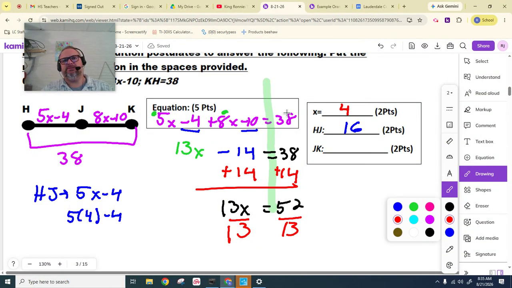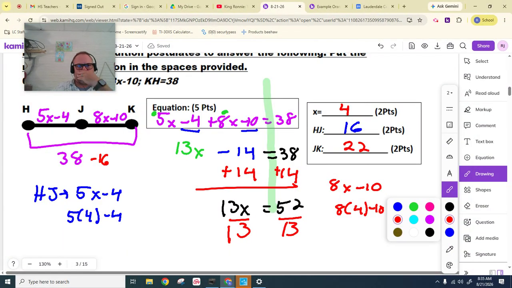What's another way? Your screen didn't freeze. I was waiting. You could actually say, 38 minus 16. Yeah, because the whole thing's 38 if this is 16. So this would be 8x minus 10. So 8 times 4 minus 10. This should be 22. All right.